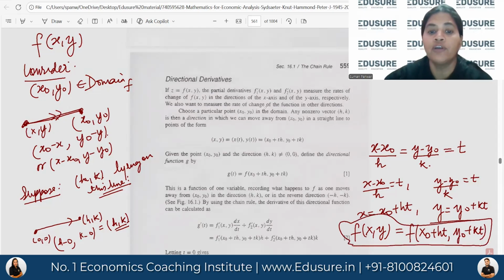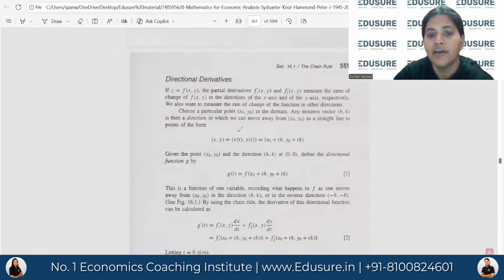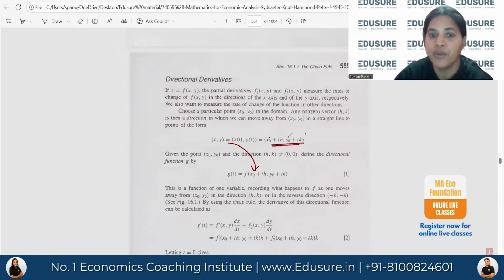And now we would like to calculate the directional derivative along the direction h comma k. So let us see how that can be achieved. We have just seen how I converted my function of x, y to this form. Any point lying on the line joining x naught, y naught and h comma k can be represented like this. Obviously, h, k should not both be equal to 0 simultaneously.